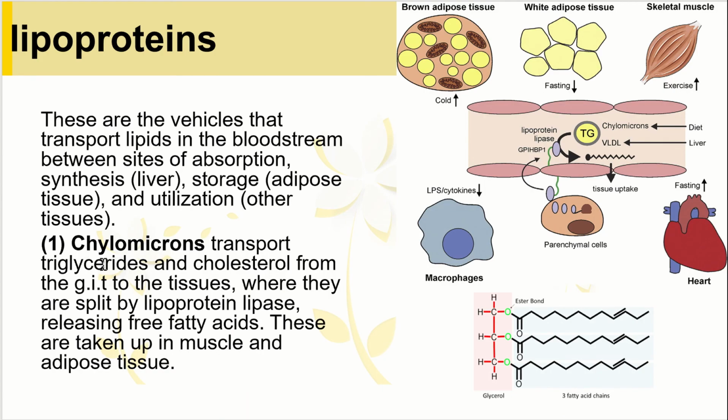They transport triglycerides and cholesterol from the GI tract to the tissues, where they are split by lipoprotein lipase, releasing free fatty acids. These are taken up in the muscle and adipose tissue, right?